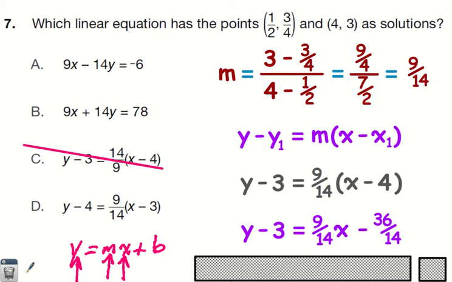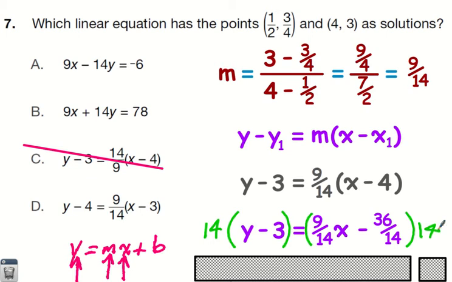And here's what we're going to do. In order to rewrite this without fractions, I'm going to multiply both sides of my equation by 14.